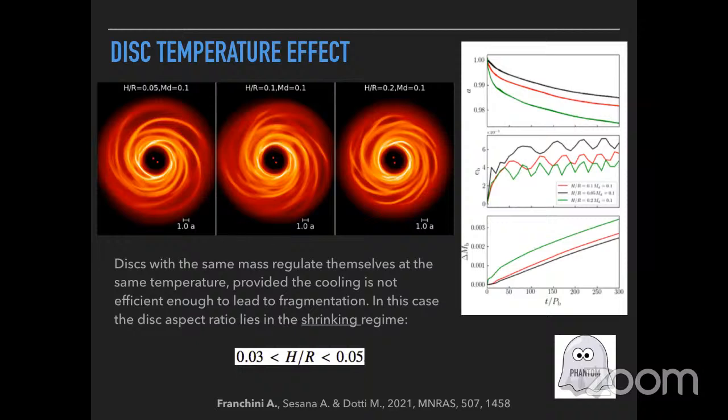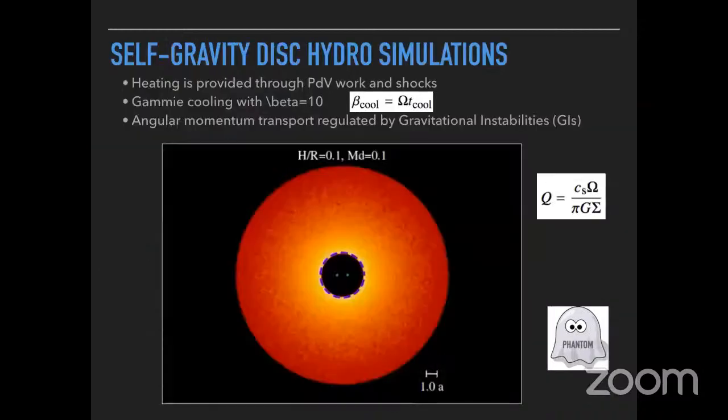If you take much lower mass disks, it would be even lower, because the stability of the disk is regulated by the Q parameter, the temperature divided by the mass. If Q is of the order of 1, then you have instabilities. Above, you're stable; below, you fragment.